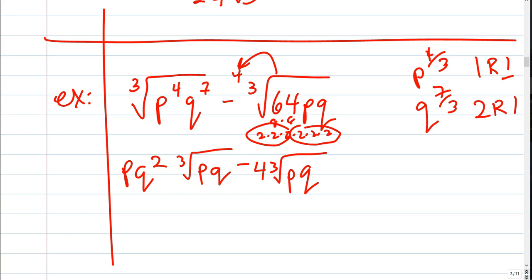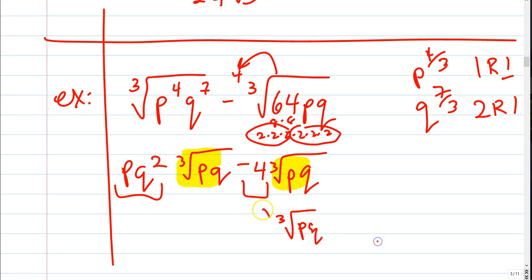I wouldn't go any further with this, but what they'll do is they'll go, well, look. These are the same. So you could add PQ squared minus 4. You're like, that doesn't really add to make anything. I agree. What the homework will want you to do, though, is think about factoring out that third root of PQ.